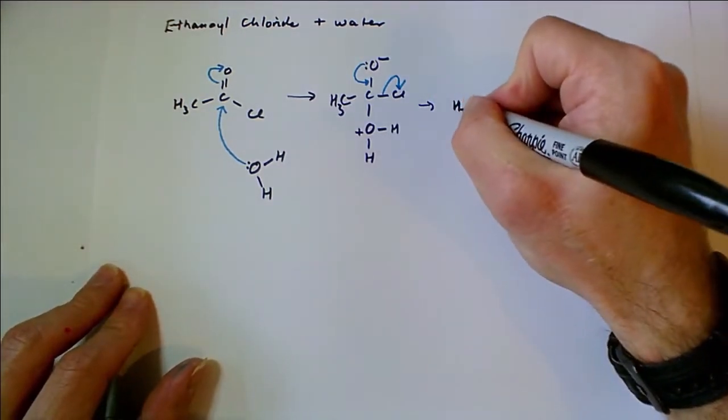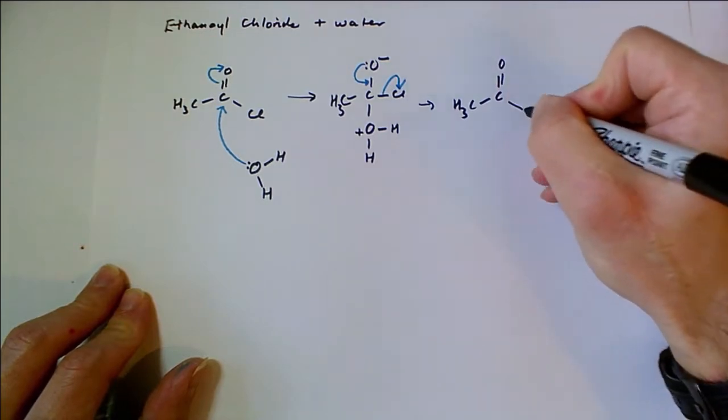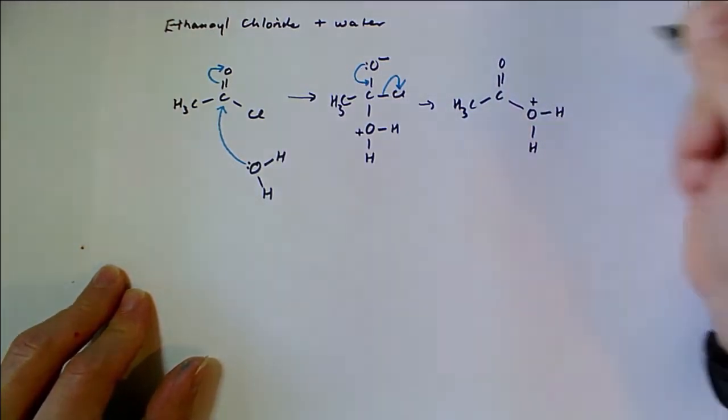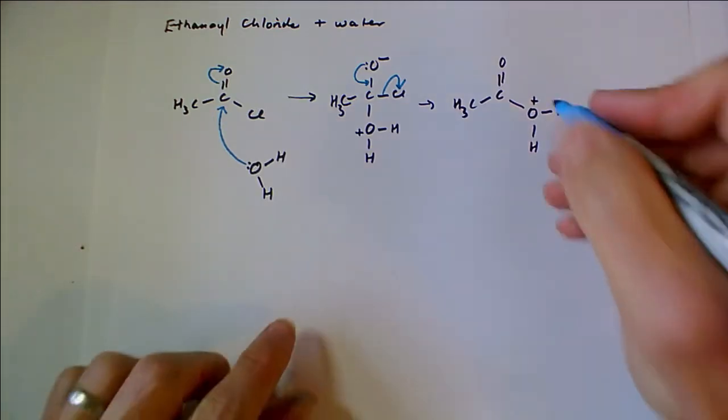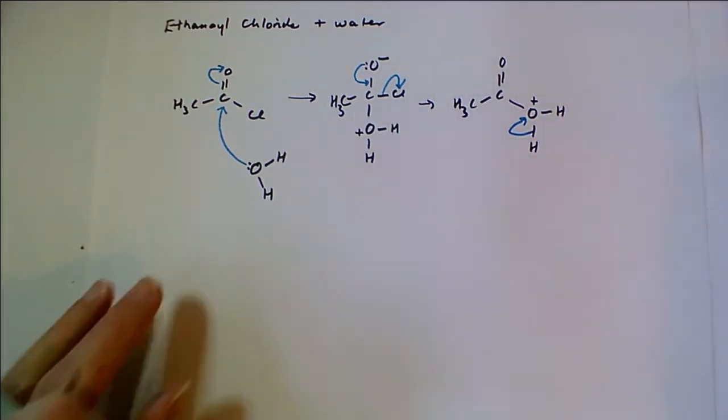Okay, so now I've reformed my carbonyl. I've got an oxygen attached to it with 2 hydrogens and a positive charge. So my last step here is to kick out my hydrogen.